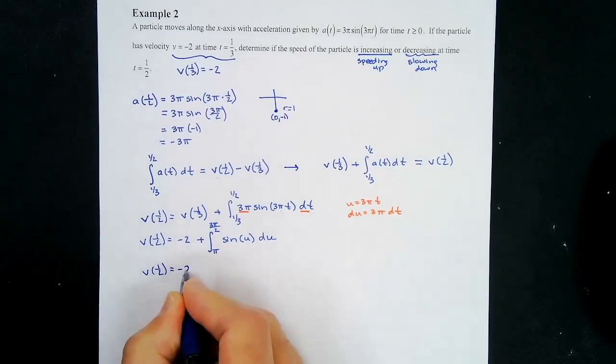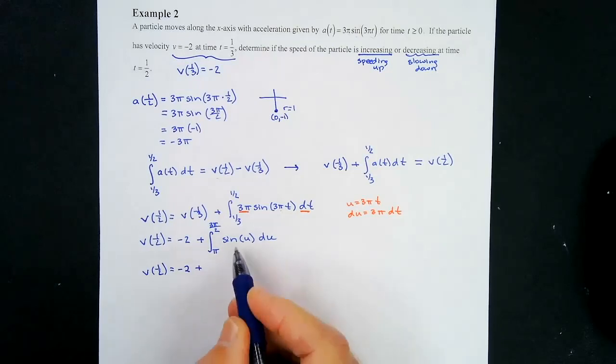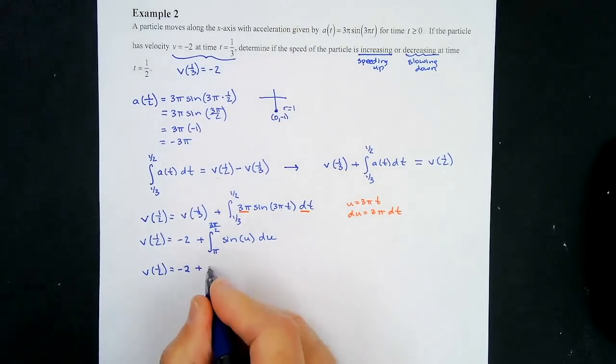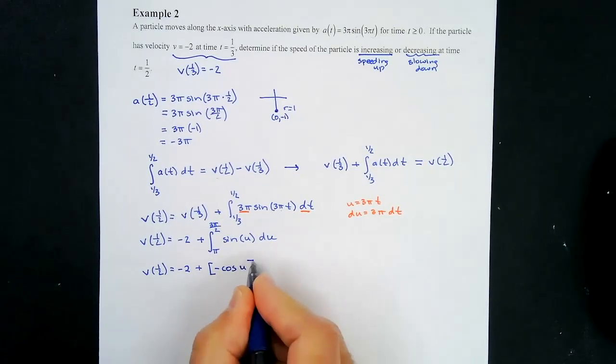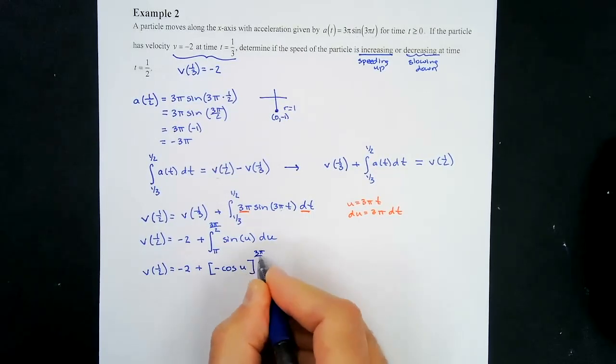equal to -2 plus, and the integral of sine of u is negative cosine of u. So I'm going to put that in bracket, negative cosine of u, and we're going to evaluate that between pi and 3 pi over 2.